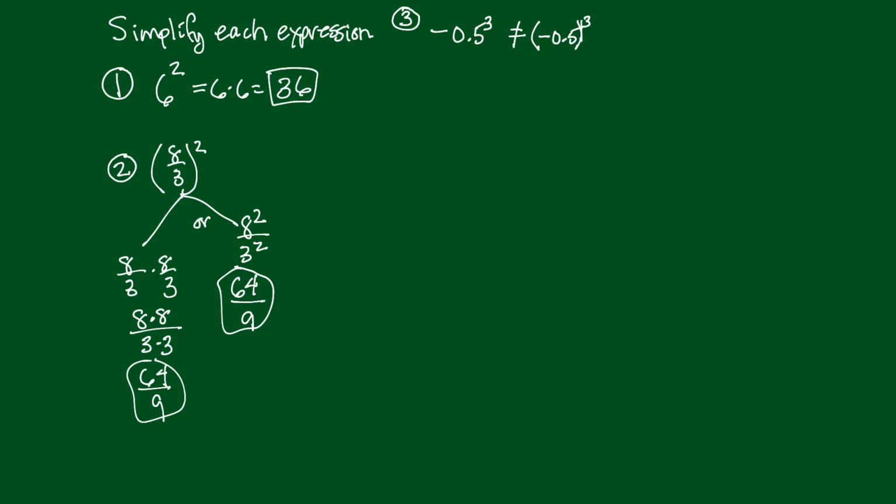So I'm going to bring that negative down, just bring it along. Now, I've got that 0.5 3 times. So 0.5, okay, well, there's the negative, times 0.5 times 0.5, so I get negative 0.5 times 0.5 times 0.5 is 0.125.